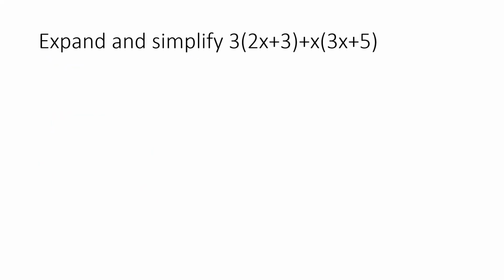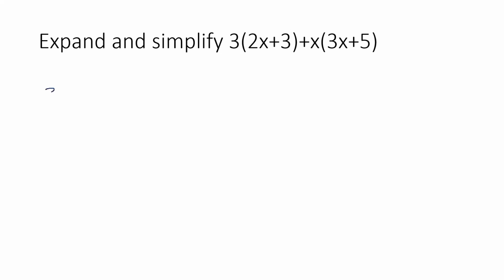Okay, what about if it's asking you to expand and simplify? We're adding brackets, so to speak. How are we going to do something like this? Alright, so what we're going to do is do this as 2 steps.